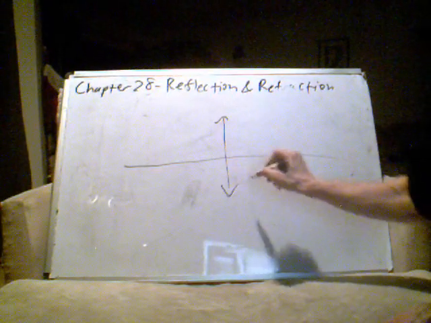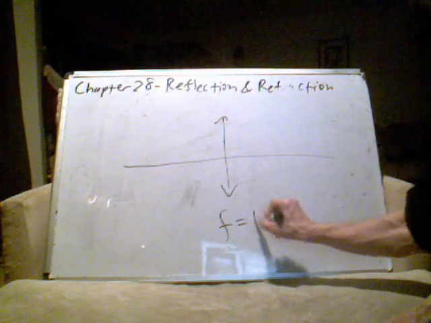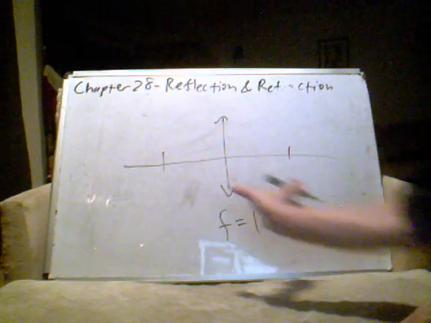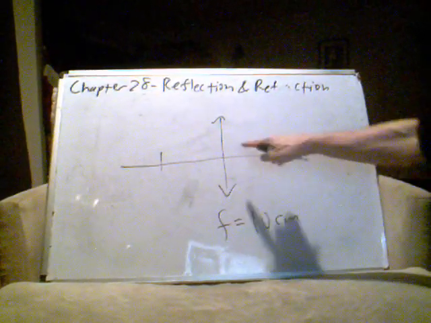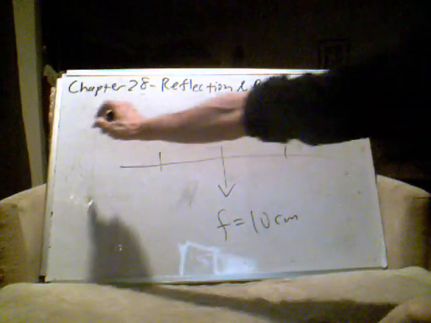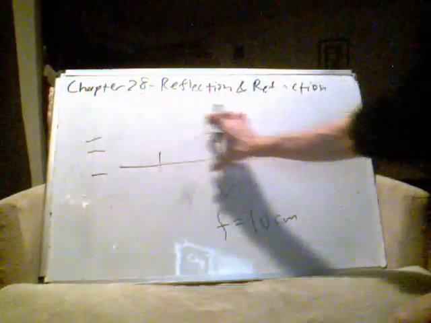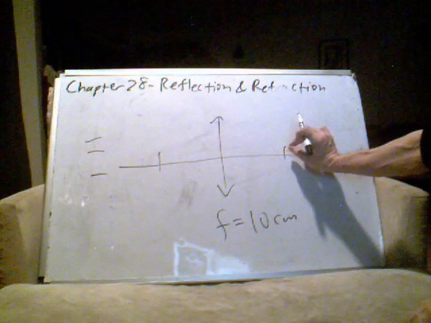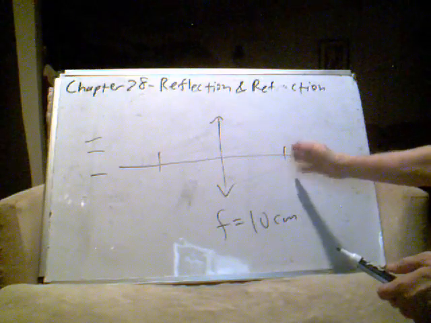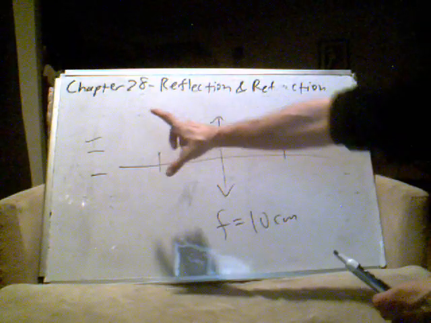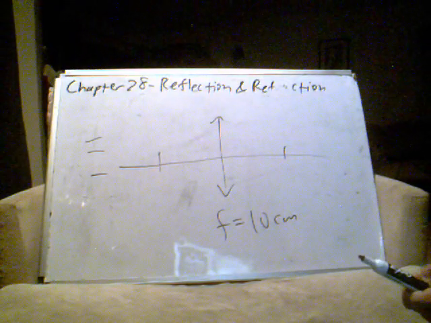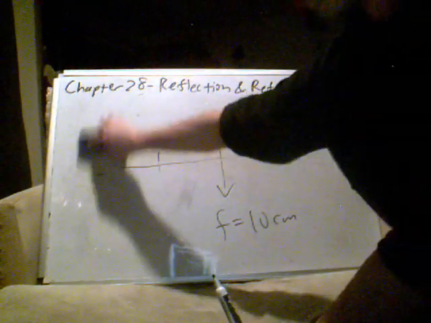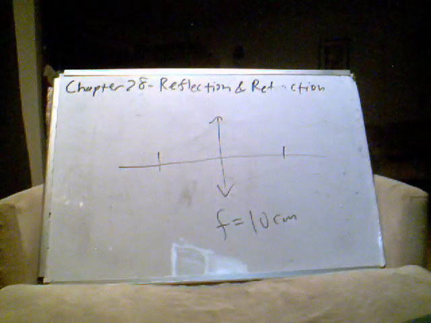Here we've got a lens. Let's say this has a focal distance of 10 centimeters. So here at 10 centimeters, if you had light coming in from some parallel source, the light would focus to this point. And if you put a screen there, you would be able to see the image of this faraway object, because all the light would focus there as a result of the curvature of the lens.